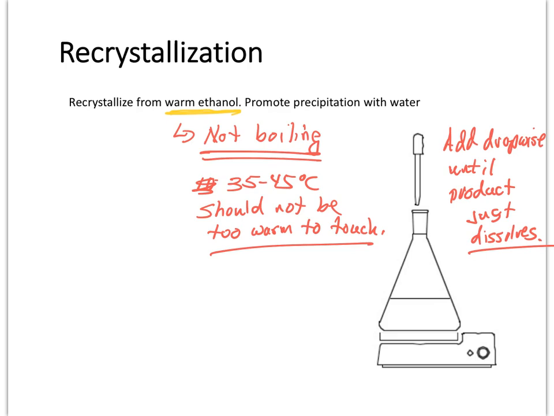Now, part of the problem is, in this warm ethanol, our product is more soluble than is normally needed for a recrystallization solvent. We need something after we've got it in there to reduce its solubility suddenly. And so to do that, we're going to add water. We're going to add water dropwise, something about up to 1 milliliter.